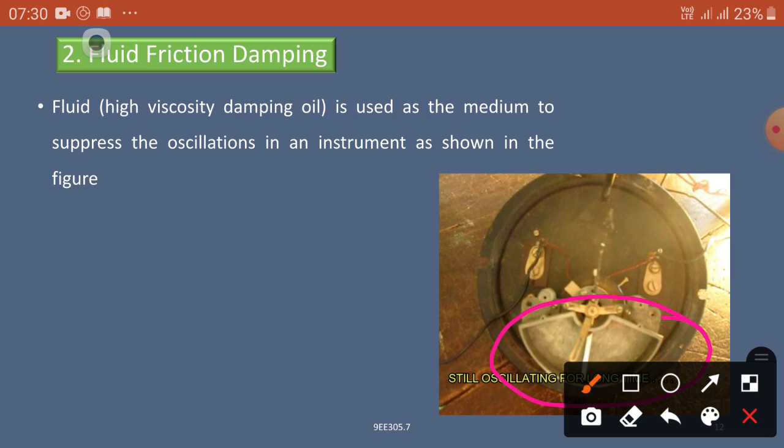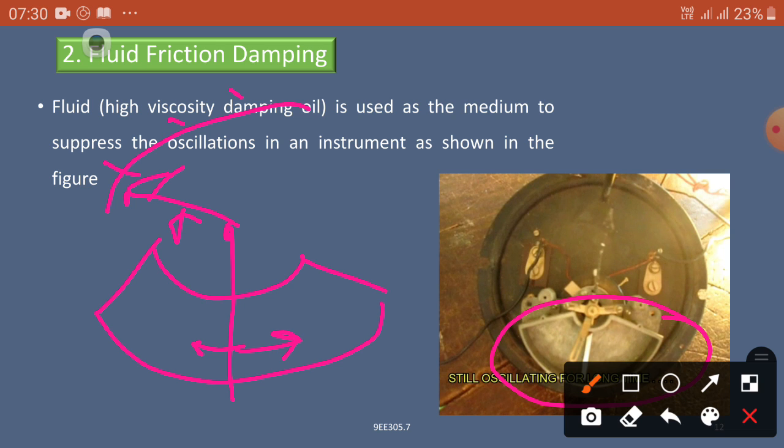Here this is a vane, with a shape just like you can see. It is connected to this one. There is a fluid, and a spindle connected to a pointer. This is a pointer on a calibrated scale. Once it is moving, it will move in this direction, and this direction.